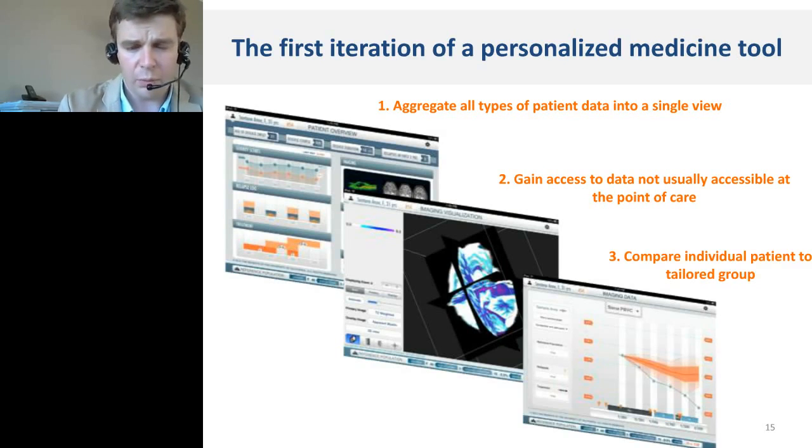And more importantly, since the data is available for one patient, we implemented comparisons that are tailored to the characteristics of the patient we're looking at.